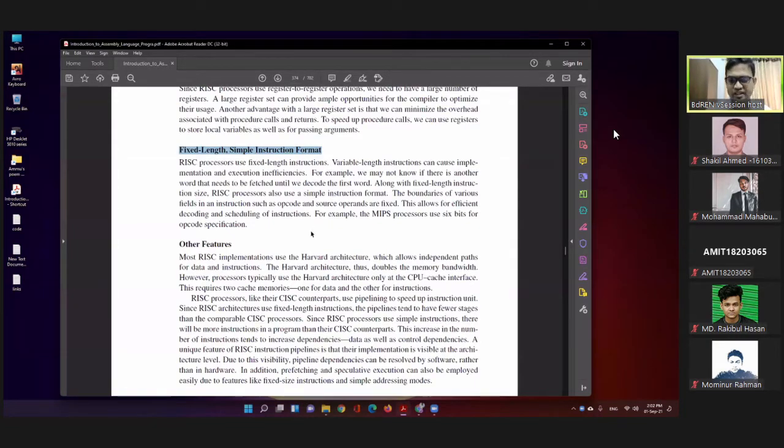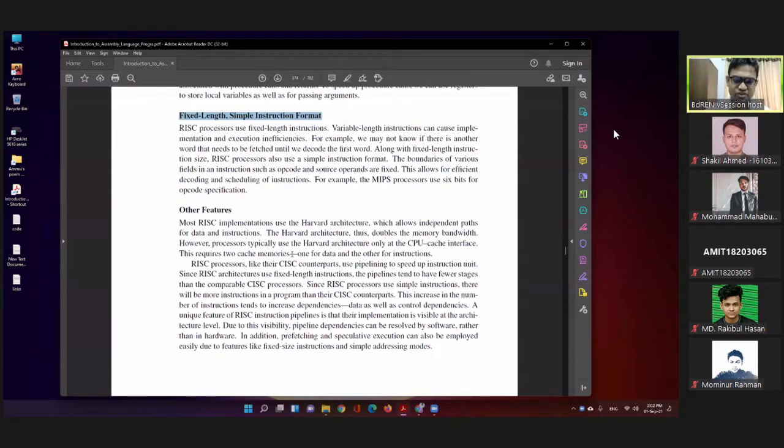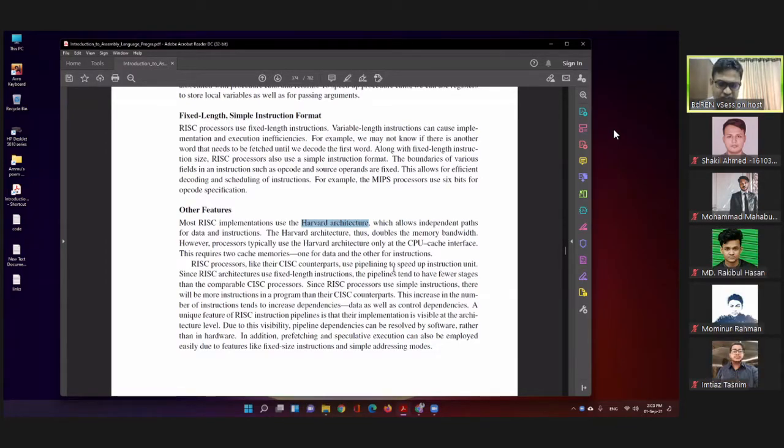They explain another feature, which they call other features, which is the Harvard architecture. I think this Harvard architecture was invented by a Harvard University student, or Harvard University researcher, that's why it is named after the university. RISC uses this architecture for their processor.